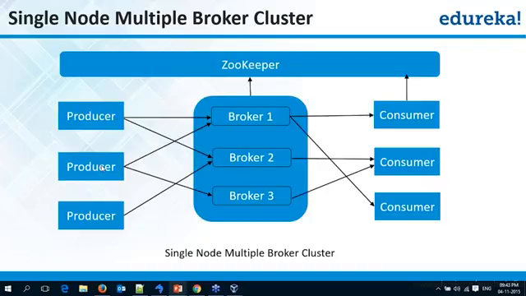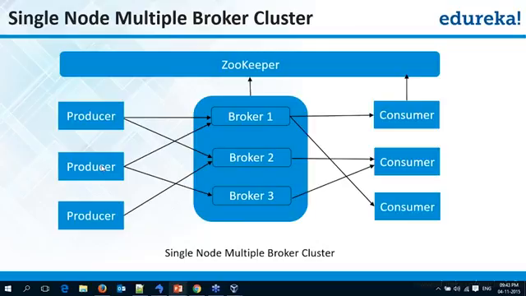There are a lot of internal nitty-gritties and details which go inside. Since this is just the introductory session, we're going to touch base at a high level. Also, the producers can send the messages in batches. Most messaging platforms lack this capability, where they cannot send the messages or the data in batches.